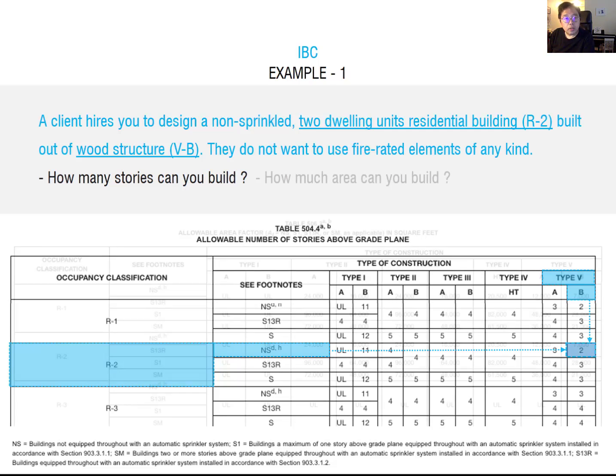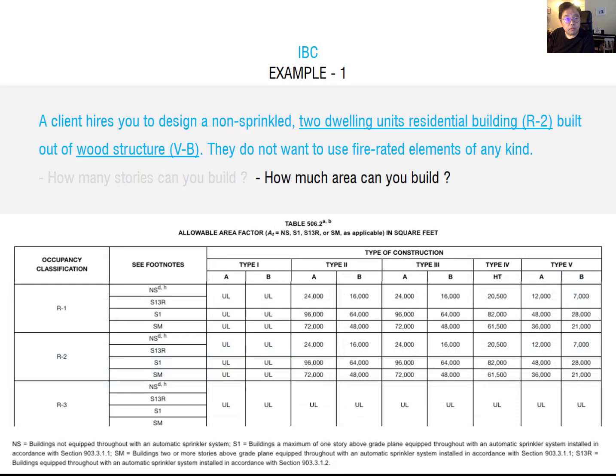Okay, and also the table 506.2, you do the same matrix, you have a 5B and R2 non-sprinkler building. Simply comparing these two, you can find out the 7,000 square feet. But remember, 7,000 square feet is per floor.